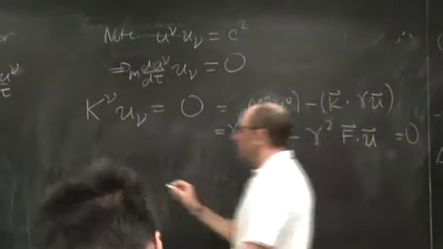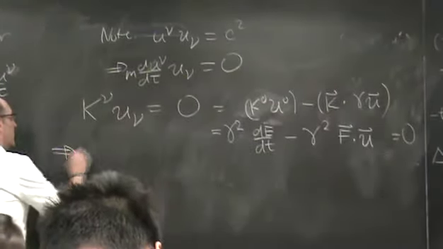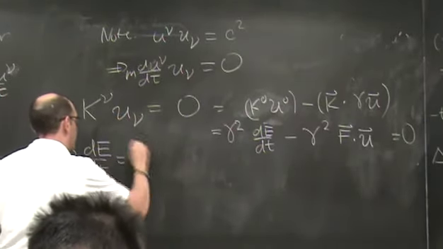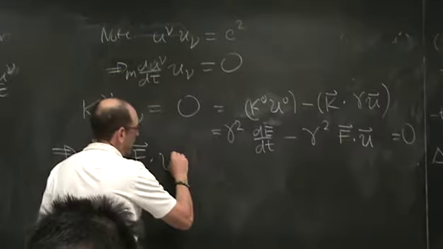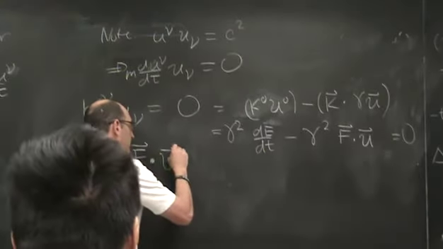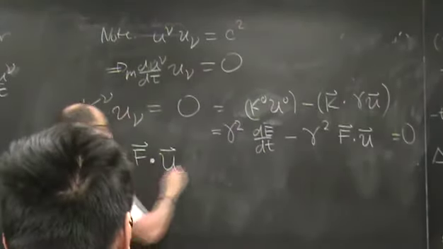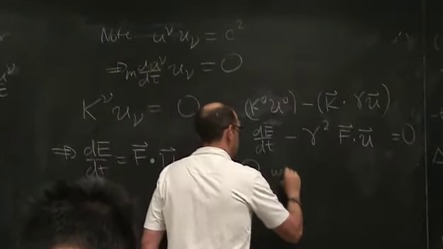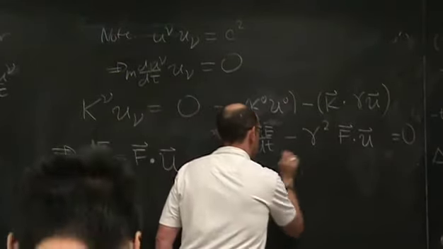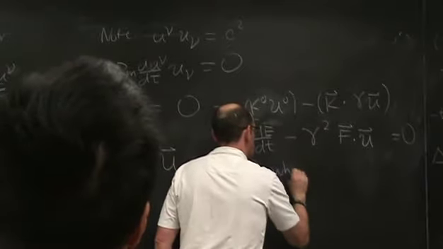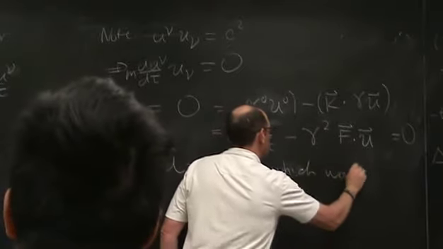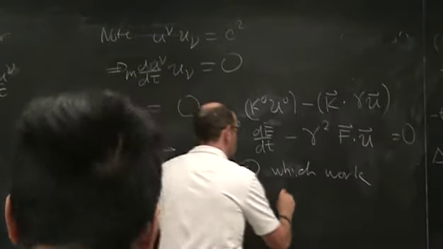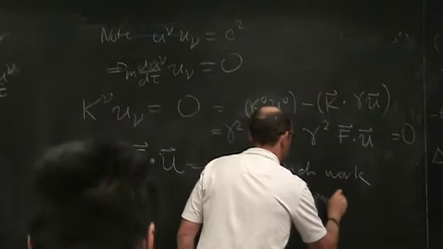So as was suggested, dE/dt is F dot V, or F dot U in this case, I'm calling this local speed U, which is the rate at which work is done on the particle.